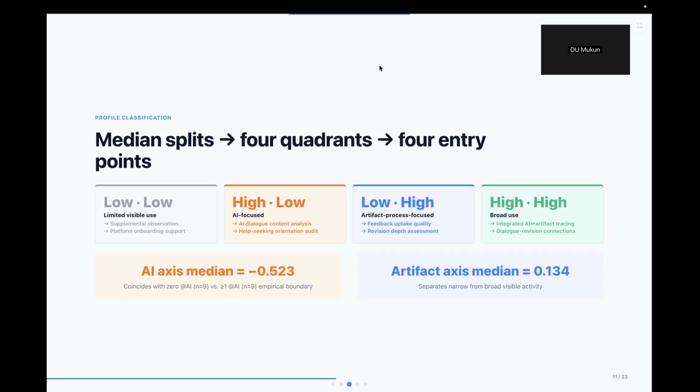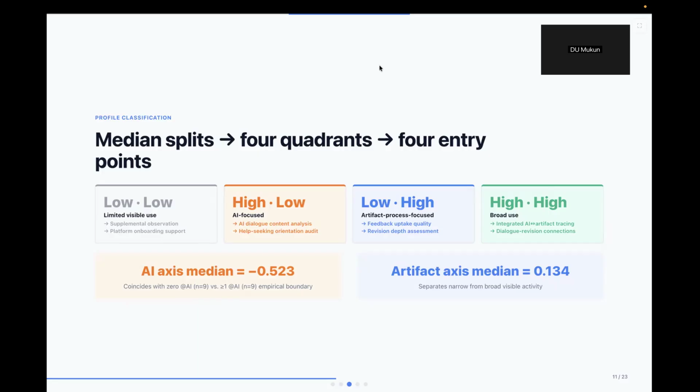And for low, high, we define as artifact process focused. Basically, we did not see quite a lot of @AI chatting. They may also have messages, but it's a message within groups and between group members.